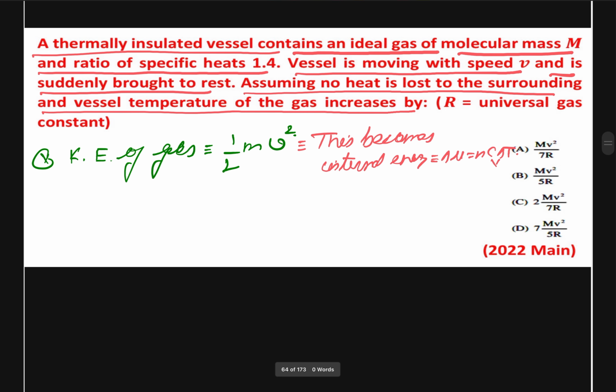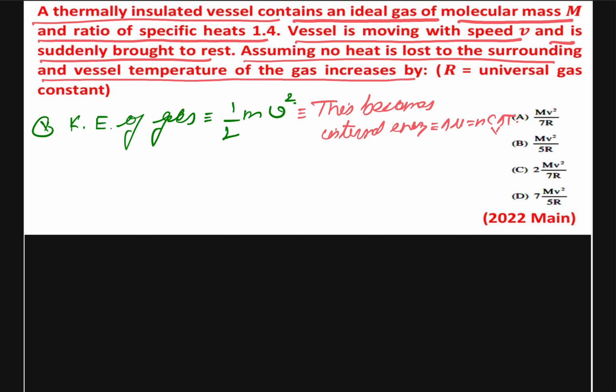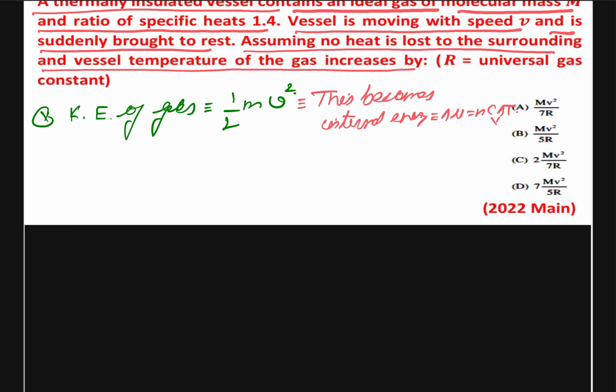And the specific heat ratio, that is our gamma, is given to us as 1.4. So we know that gamma is equal to C of P upon C of V, which is given as 1.4.